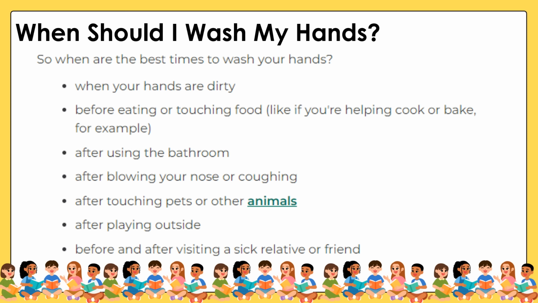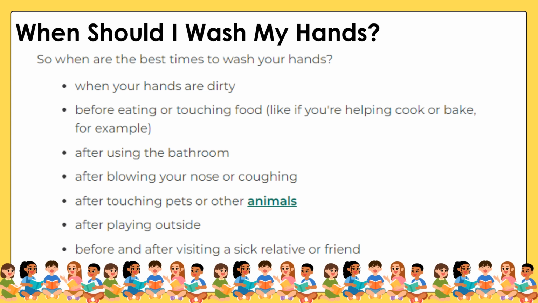When should I wash my hands? When are the best times to wash your hands? First, when your hands are dirty. Second, before eating or touching food, like if you're helping cook or bake, for example.